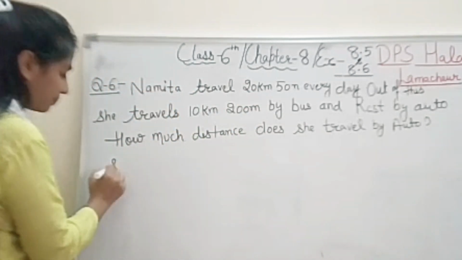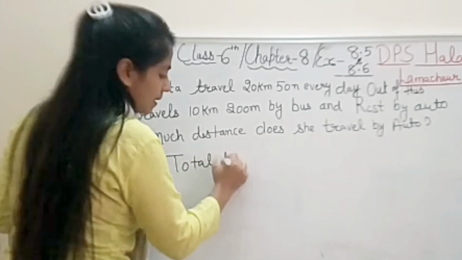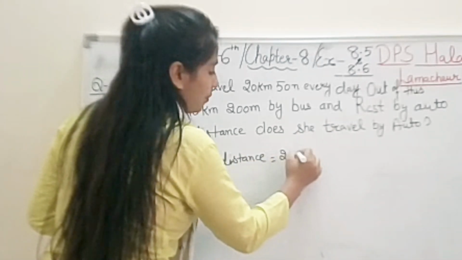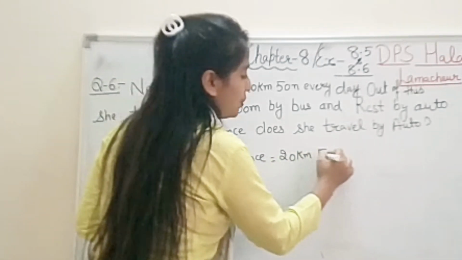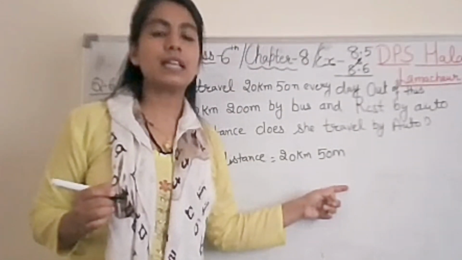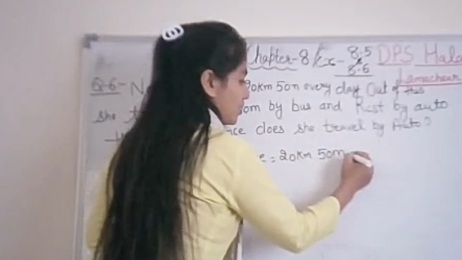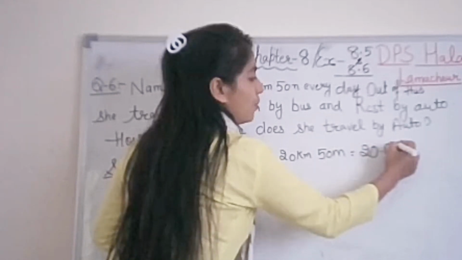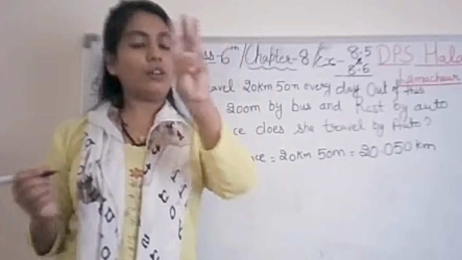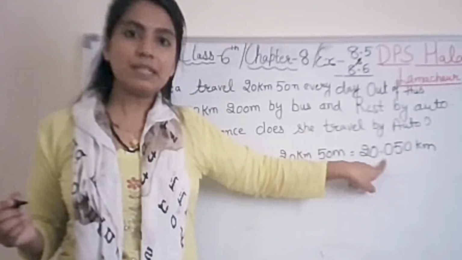So let's start. Total distance is given to you: 20 kilometer and 50 meter. Students, whenever you have questions in such a manner, first of all you convert into one unit. So 20.050 kilometer, because the relation between them is 1000, so after 3 digits there will be a decimal.